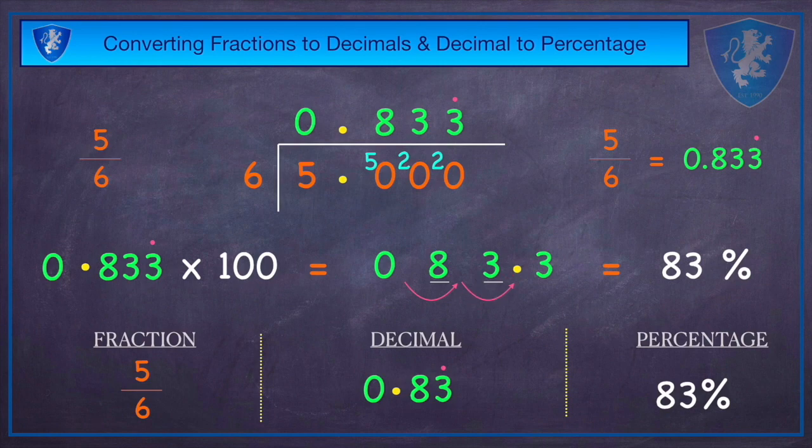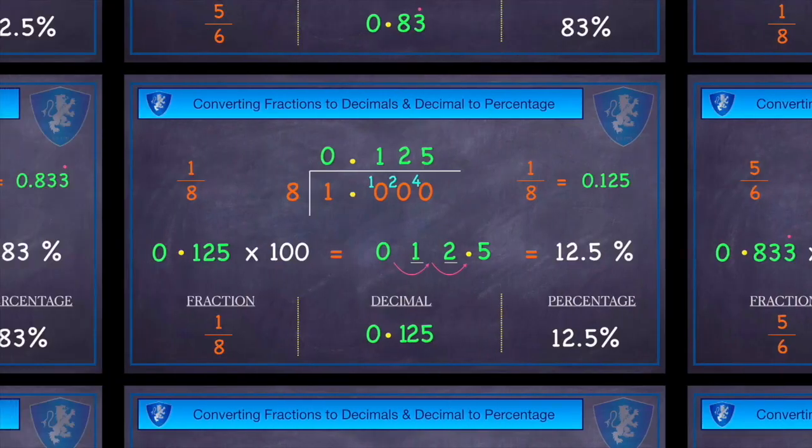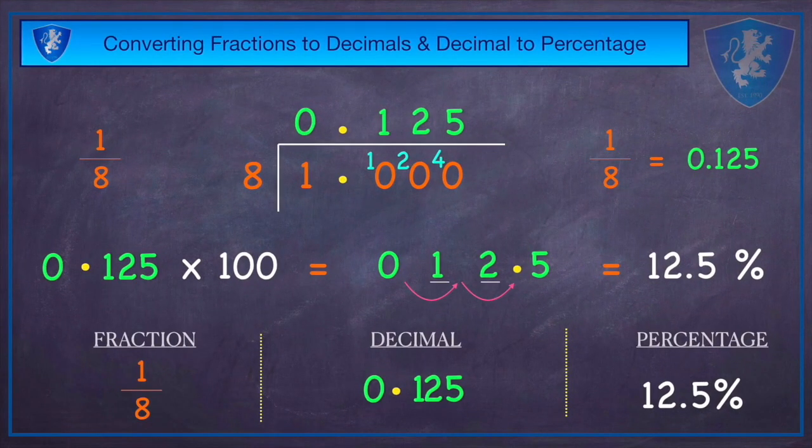So 5/6 is the same as 0.83 recurring, and 83% rounded off. So that's 5/6.